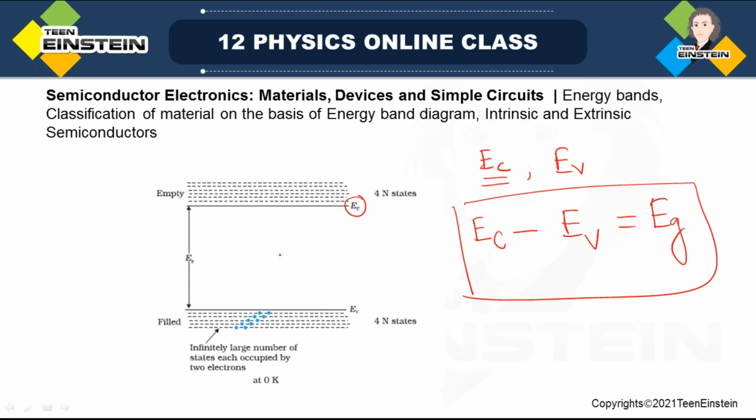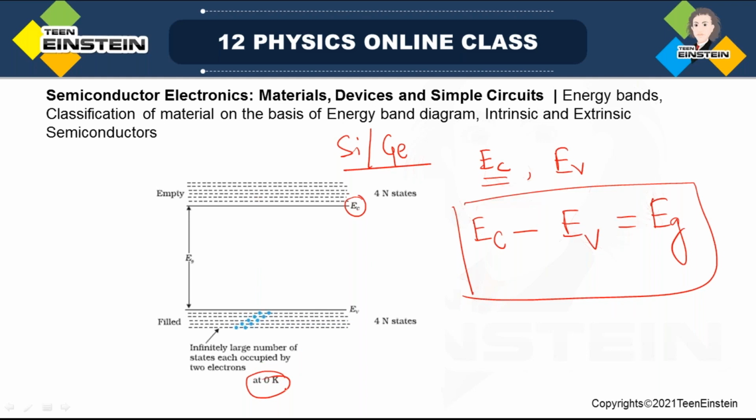So this is the schematic energy band diagram of any substance at absolute zero temperature. At absolute zero temperature, no electron can have sufficient energy to move from the valence band to the conduction band.